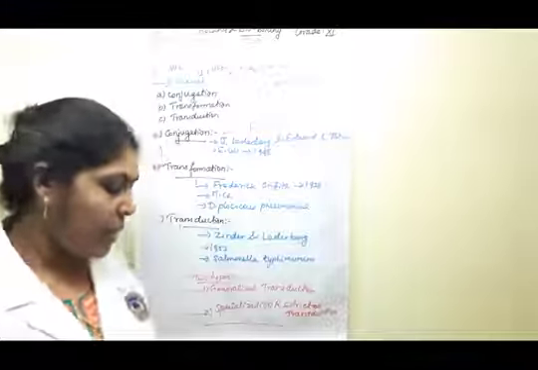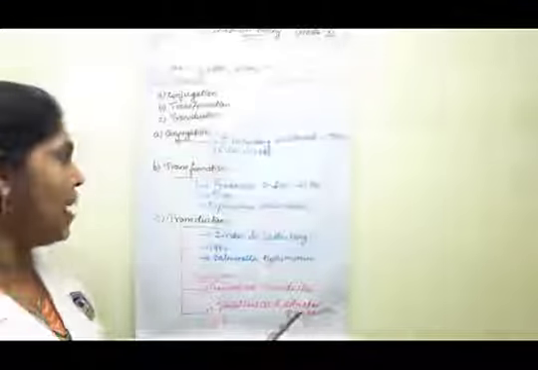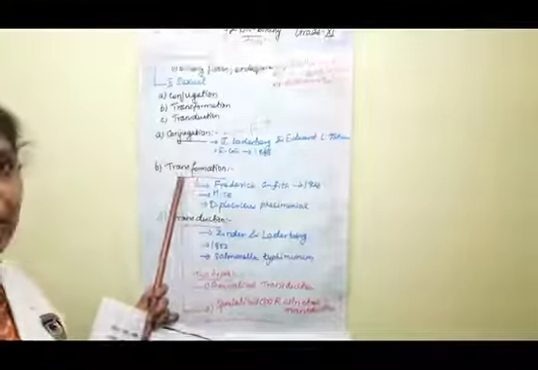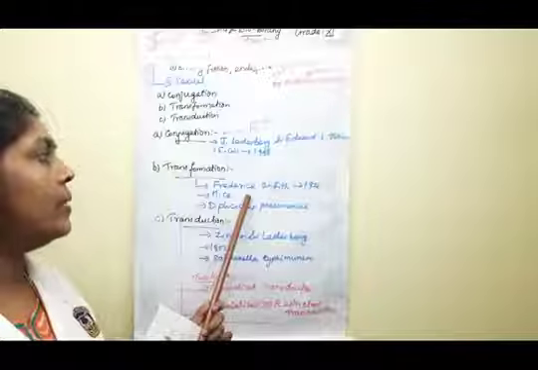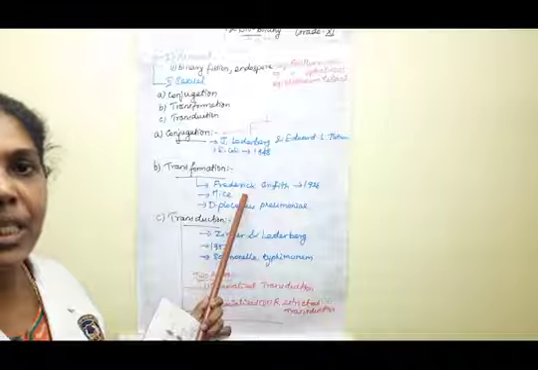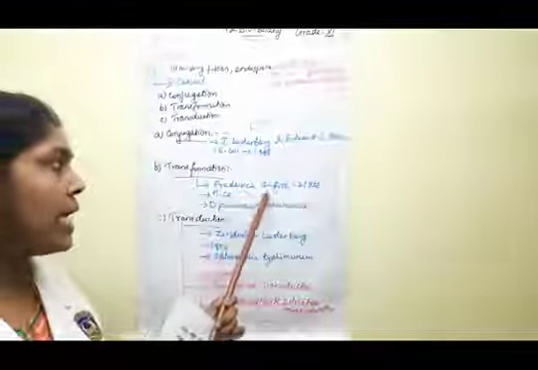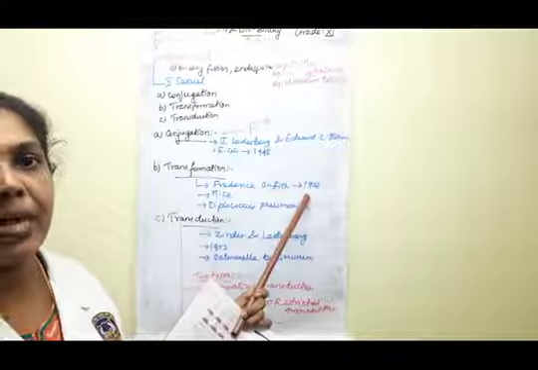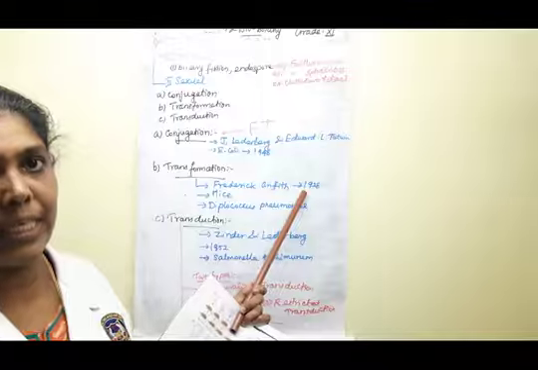Next, we are going to learn about the second method, transformation. Okay, so the name of the second method is transformation. This method was discovered by a bacteriologist known as Frederick Griffith, in the year 1928.